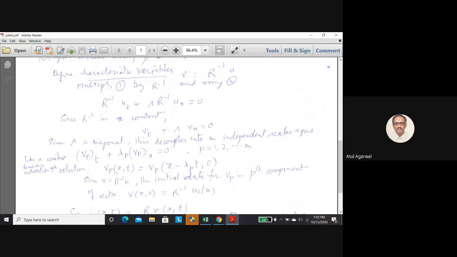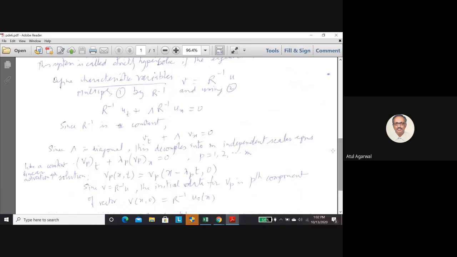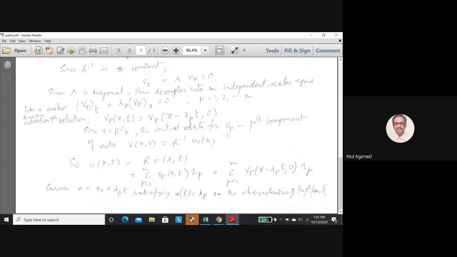Okay. So once you have got these solutions, you can again go back to your original solution using the transformation. You had used this transformation, V is equal to R inverse U. So what will be U? U will be equal to RV. So use this transformation to get back to your solution of original variables. Also, initial data for U is given to you, so you can find initial data for Vp using this transformation.